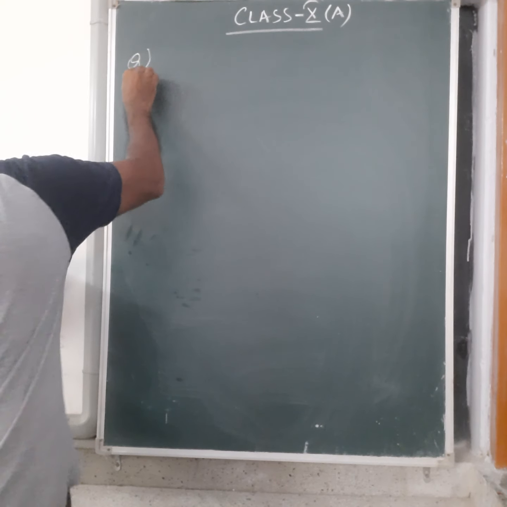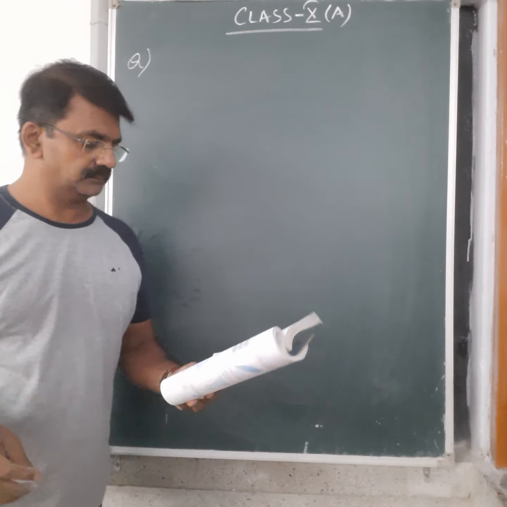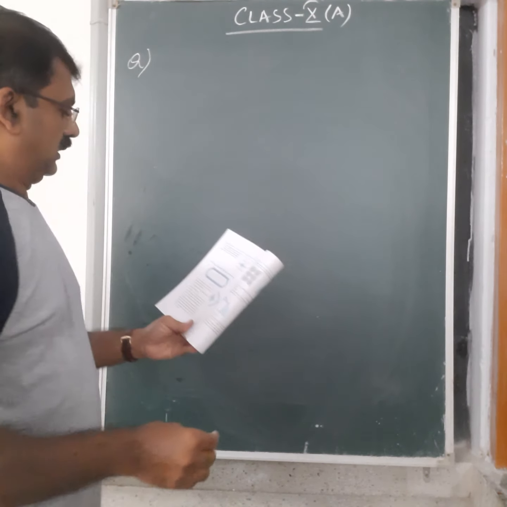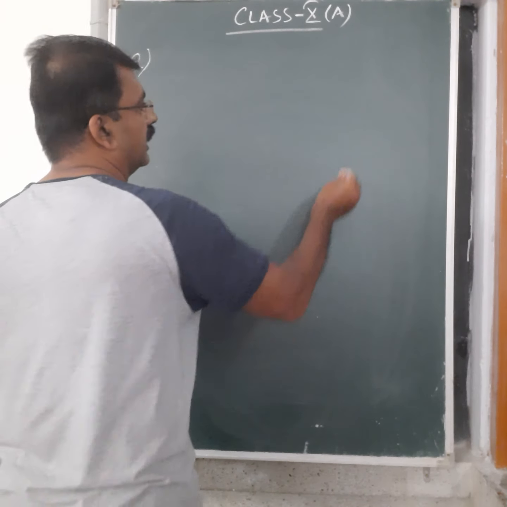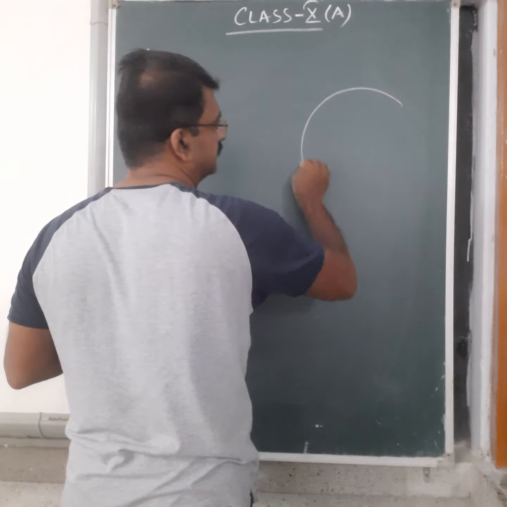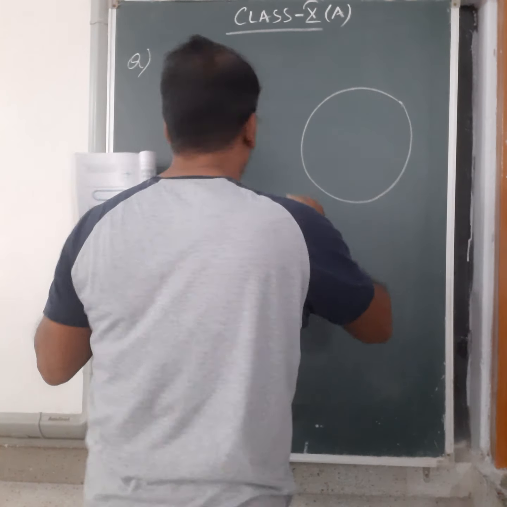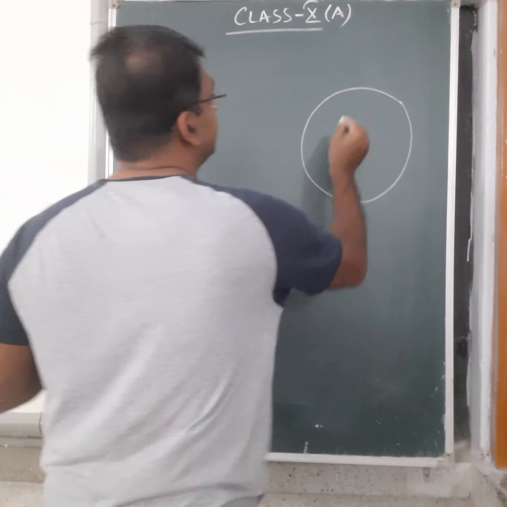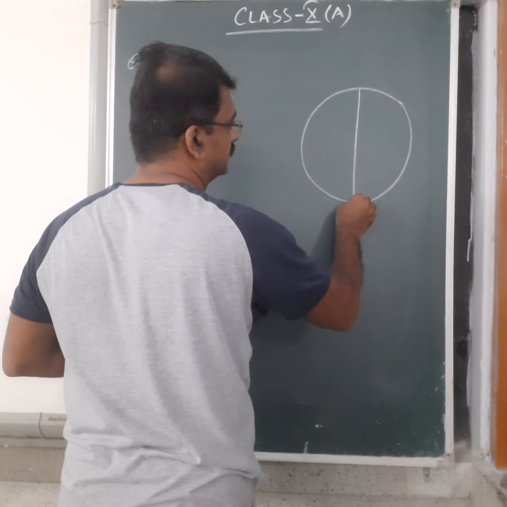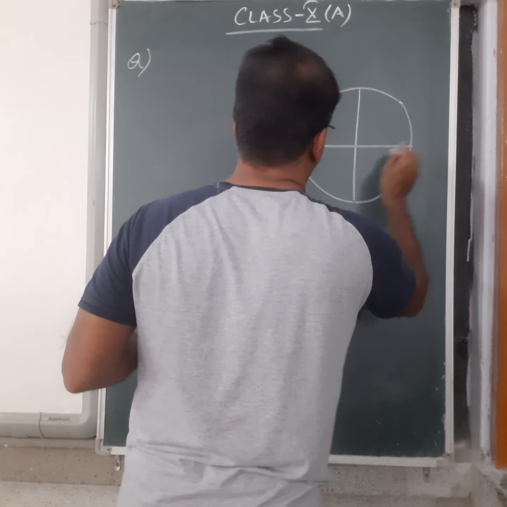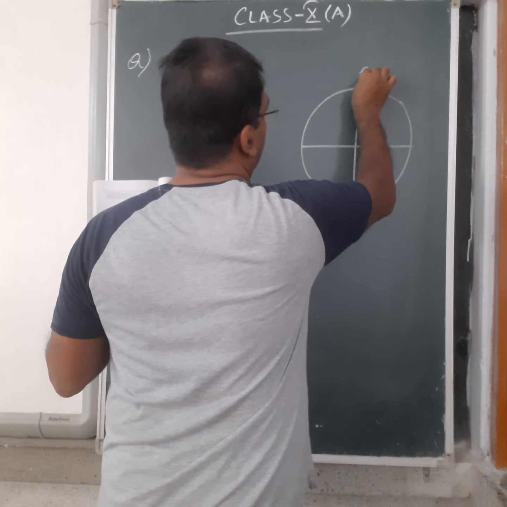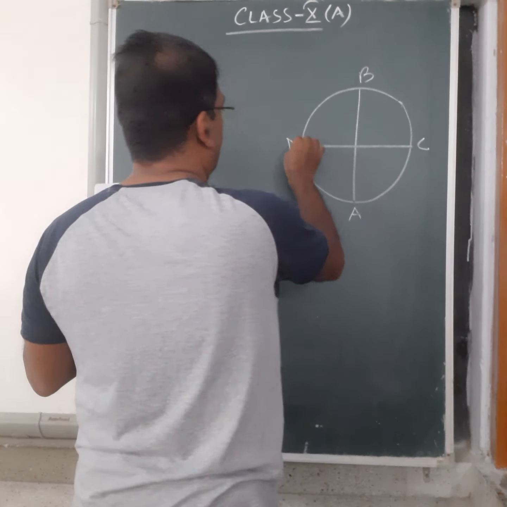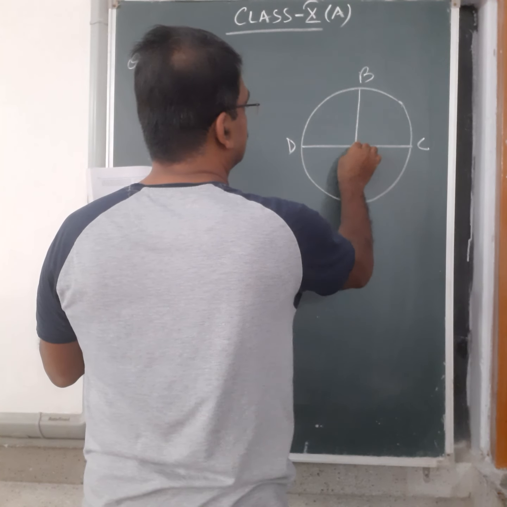Now, the next question. In the next question, there is a circle and AB and CD are the diameters.